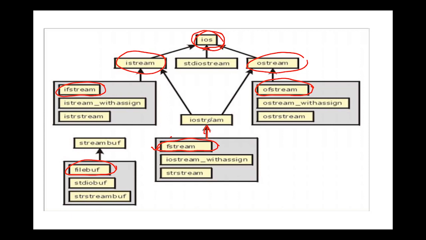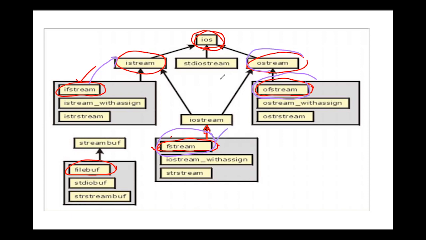Similarly, the class fstream is derived from both istream and ostream. What is the meaning of that? Ifstream is derived from this as well as this. Similarly, ofstream is derived from ostream as well as fstream.